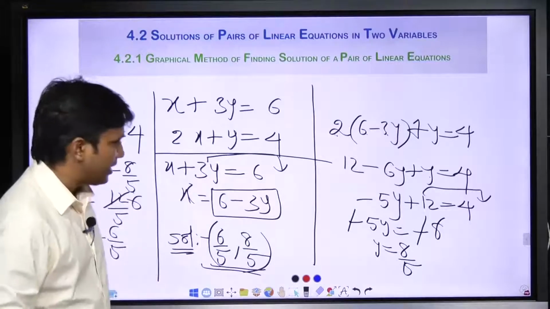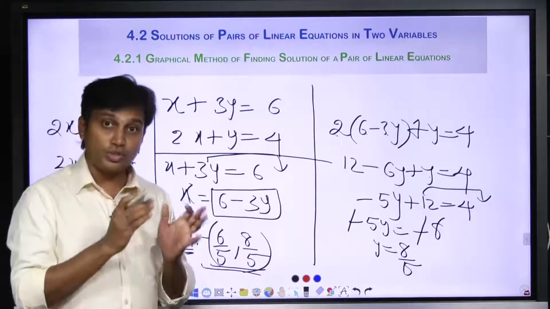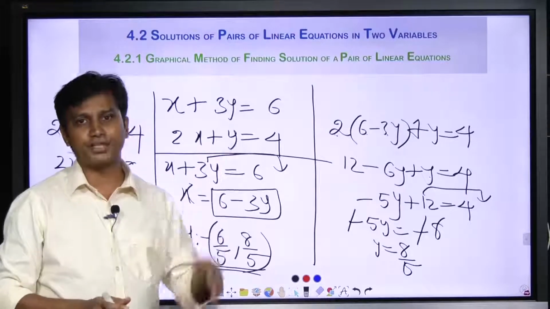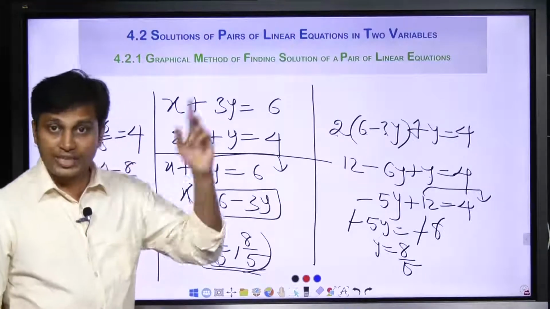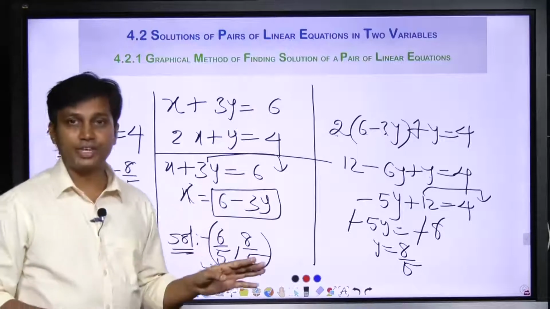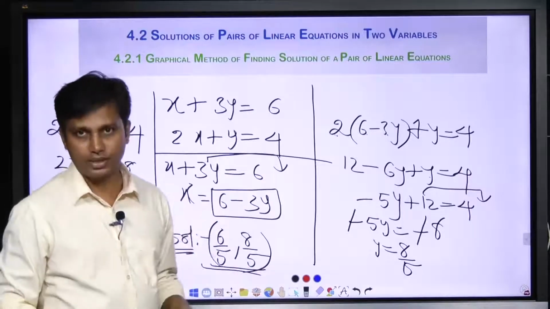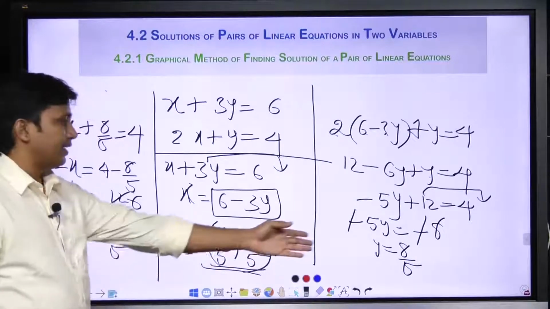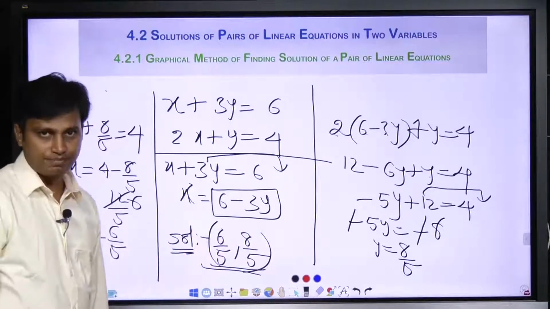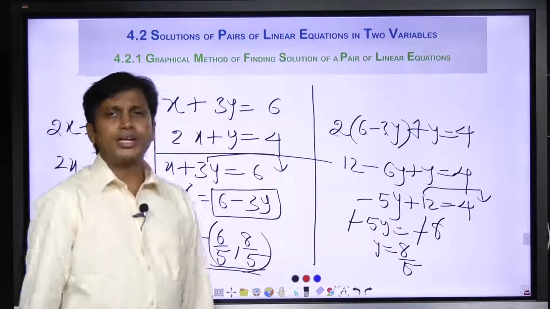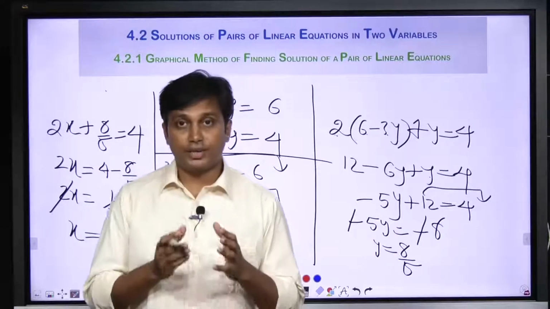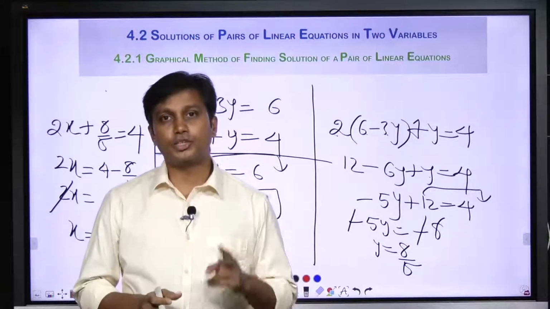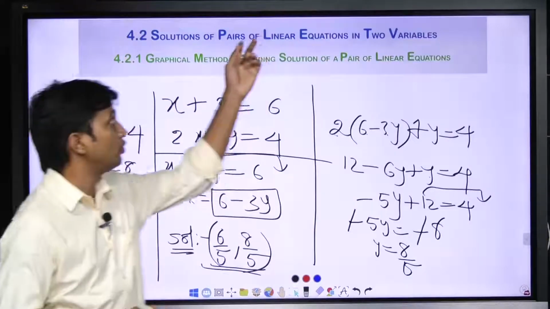So now we understood how to solve linear equations in two different methods. It is over, and the first method is also there, which is highly difficult to do, almost impossible, right? Anyways, 6 by 5, 8 by 5 is the solution for this one. Now we understood how to solve two linear equations of two variables.